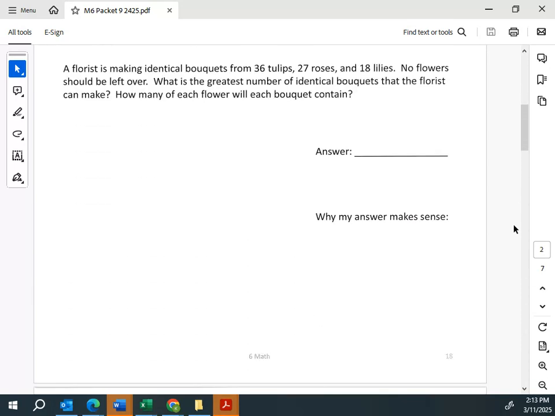This one says a florist is making identical bouquets from 36 tulips, 27 roses, and 18 lilies. No flowers should be left over. What is the greatest number of identical bouquets that the florist can make? So we have 3 numbers, 36, 27, and 18.